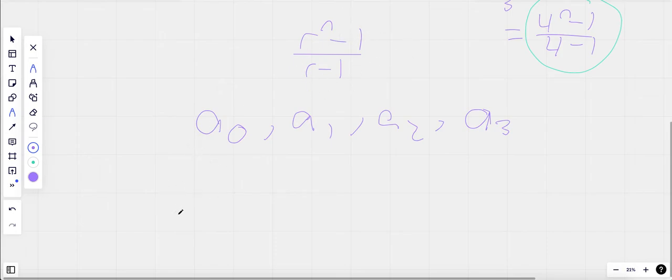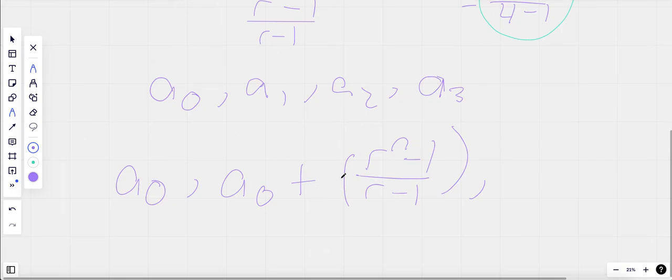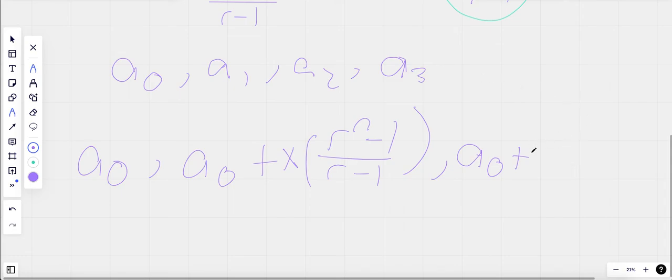So now we'll have a0 plus r to the n minus 1 over r minus 1, times x, and then a0 plus x times r to the n minus 1 over r minus 1.